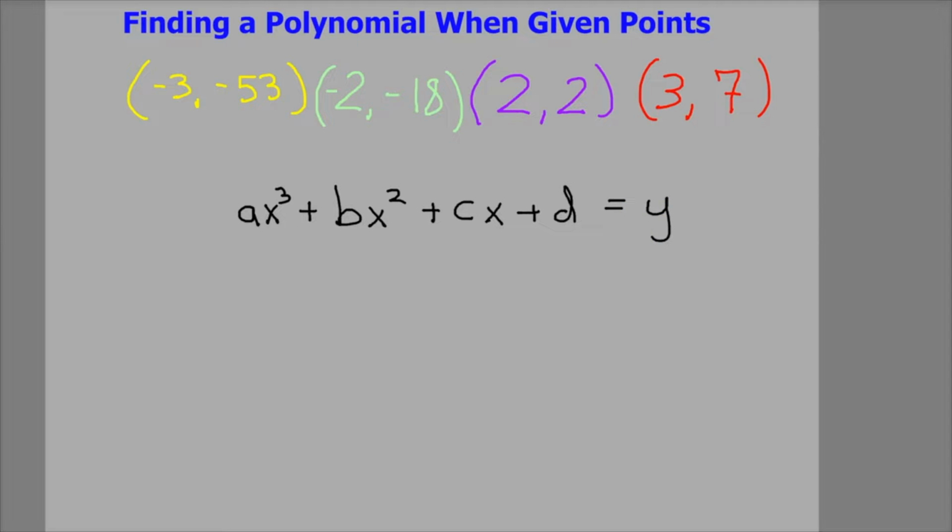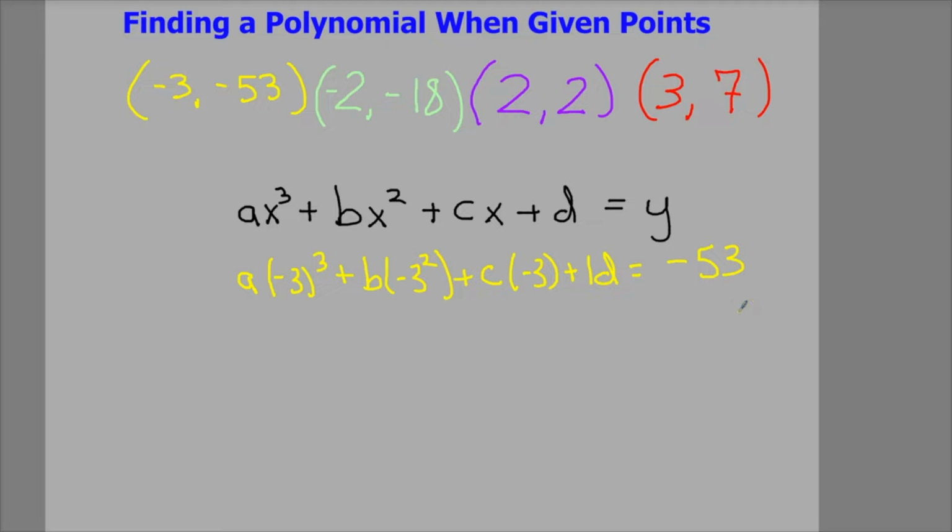For this one, I'm going to do -3 in place of x. So a times -3 to the third plus b times -3 squared plus c times -3 plus 1d is equal to my y value of -53.